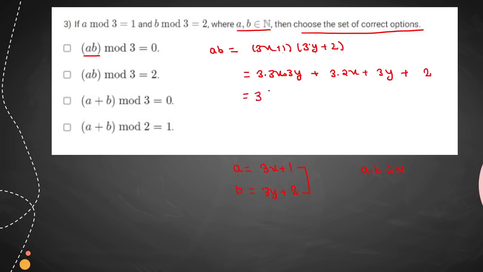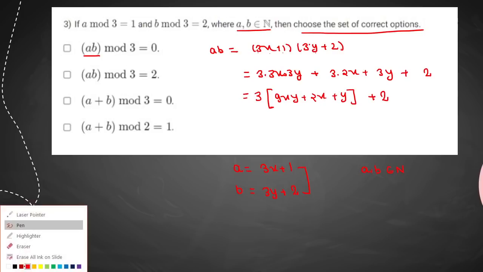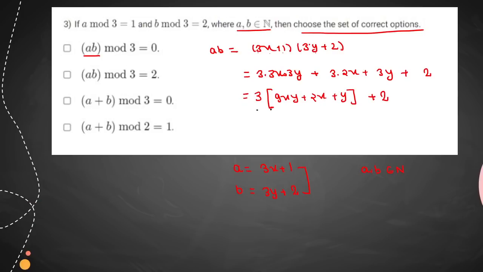So it will be 9xy plus 6x plus 3y plus 2. So that means AB will be divided by 3, but it will have remainder 2 at last. So that's why this option is correct.